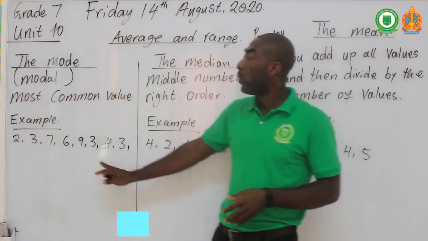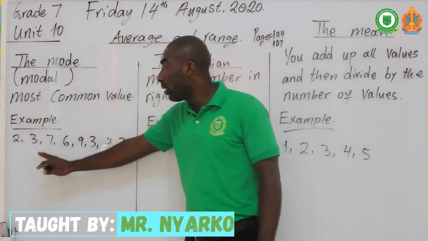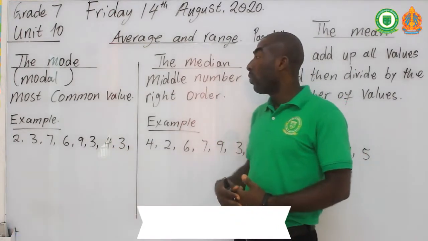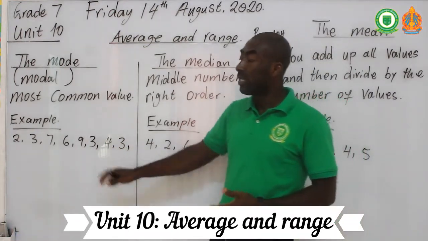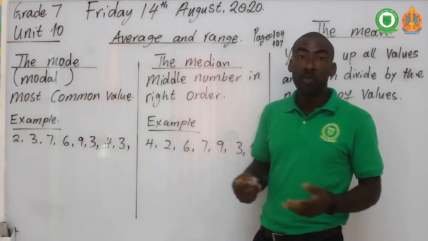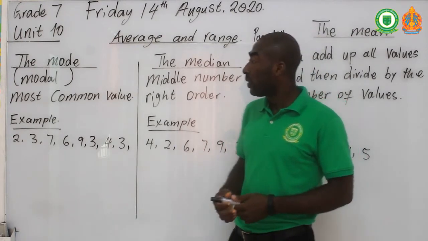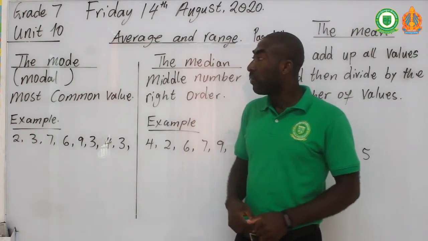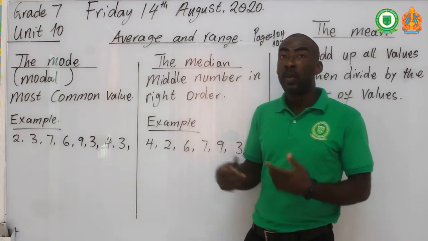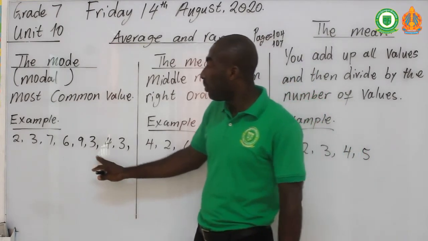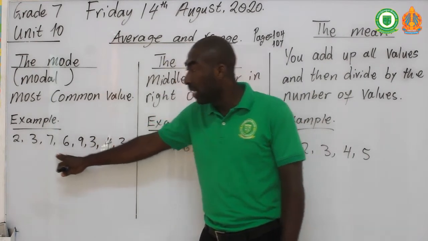So we have an example here: 2, 3, 7, 6, 9, 3, 4, and 3. We can assume that this is a statistics that was taken from, let's say, a group of students or a group of people in a particular situation. When we look for the mode average, it will be the number that appears most in this line.